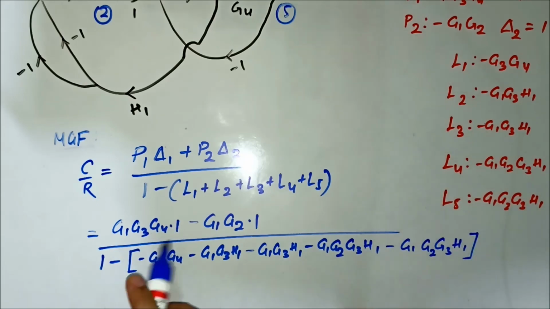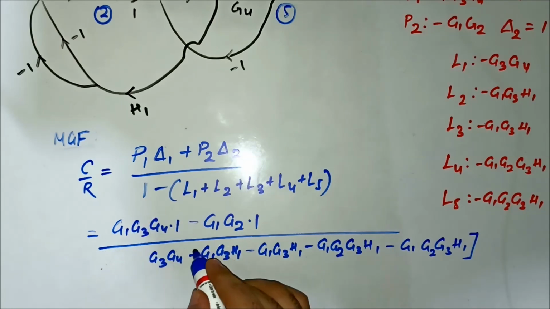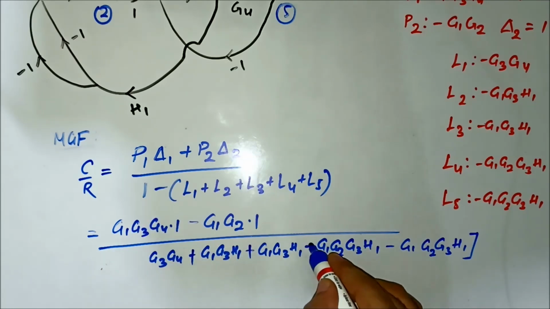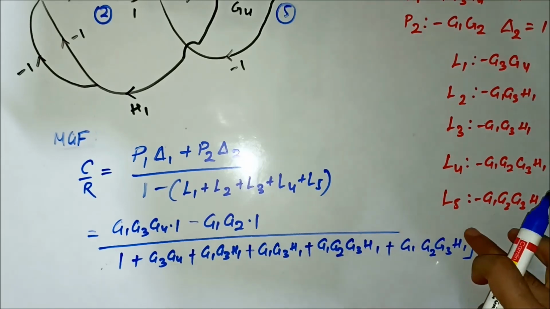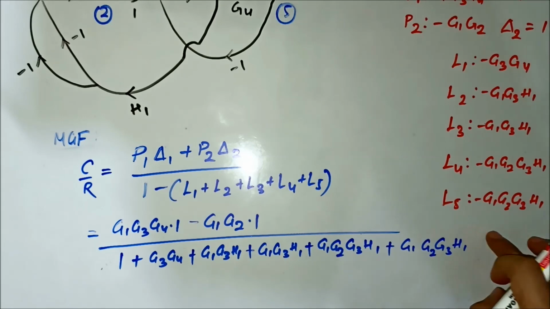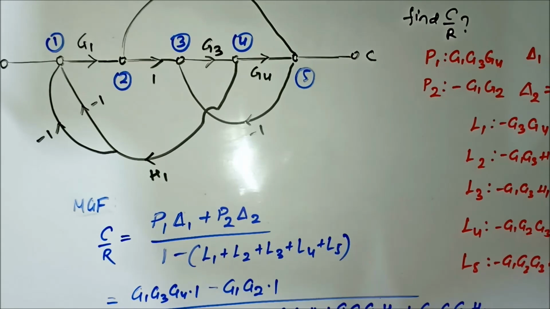So when we open the bracket, it will all become plus. This is the whole transfer function for this signal flow graph.